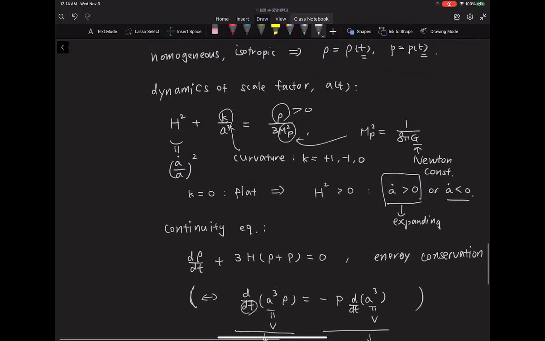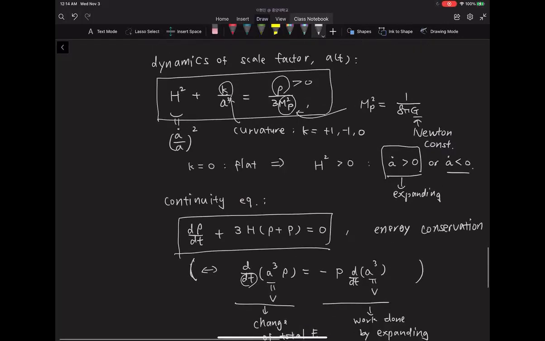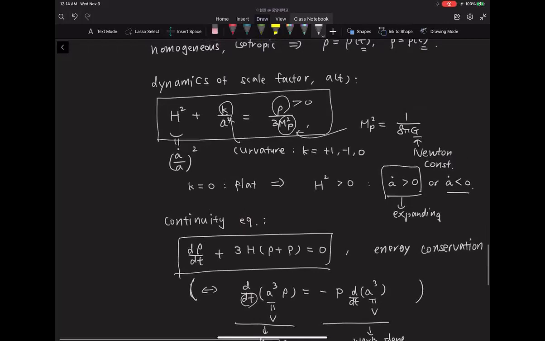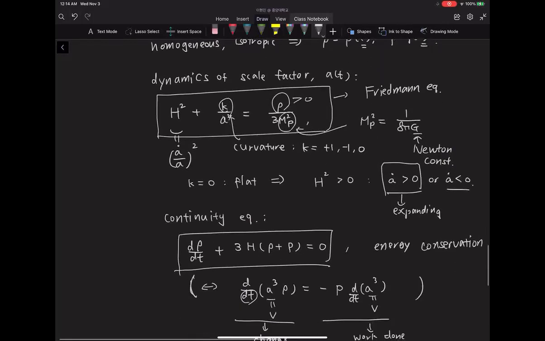Then you can use these two equations, the energy conservation and the equation of motion for the scale factor, and you can fully determine the dynamics, the evolution of the universe. The first equation we call the Friedmann equation.